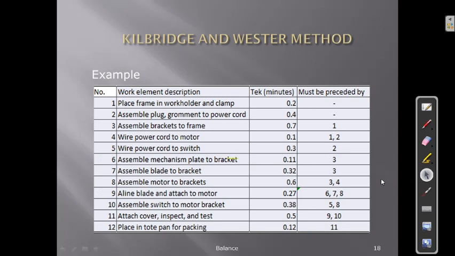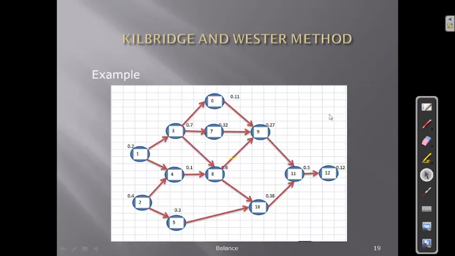This is the given table. The procedure is the same as before in the largest candidate rule. First we have to draw the precedence diagram according to the work elements, their time in minutes, and the predecessors. As I said before, we take first the elements without predecessors.